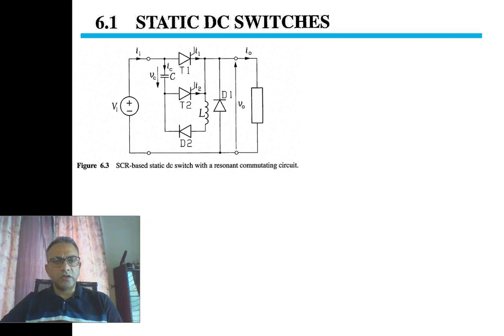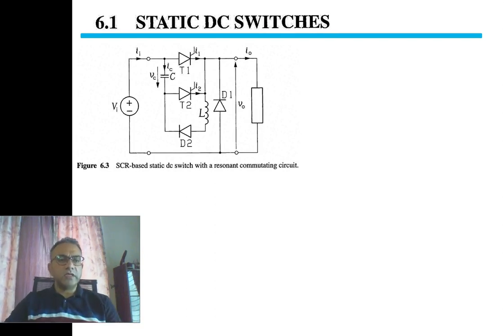However, the turn off procedure is very interesting. We need additional circuitry consisting of capacitor C, thyristor T2, inductance L, and diode D2. So how do we turn off T1?